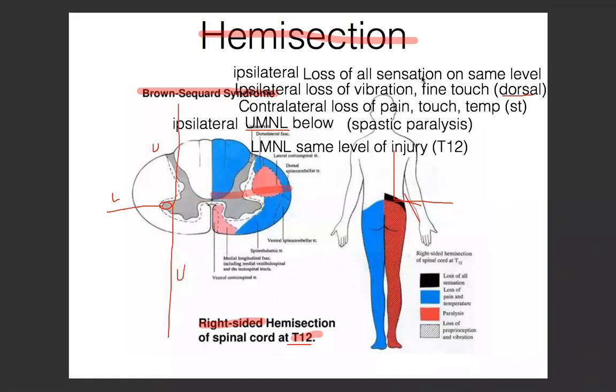So the moment we injure this area, we cut off the upper motor neuron going downwards. So anything below it gets an upper motor neuron lesion. However, we also accidentally cut off the lower motor neuron of the same level. صح؟ So on the level of T12 or the level of injury, we get both an upper motor neuron and the lower motor neuron lesion. Make sense?